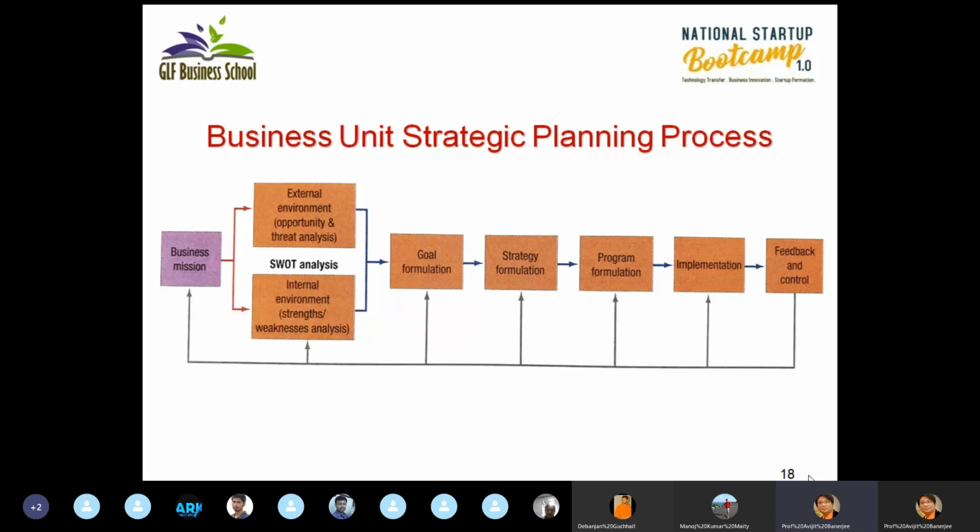So these are the different steps of strategic business unit planning process.